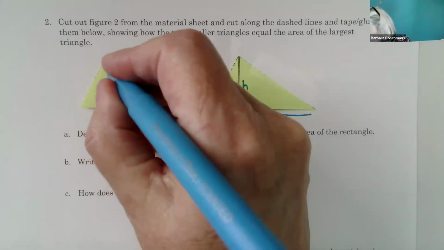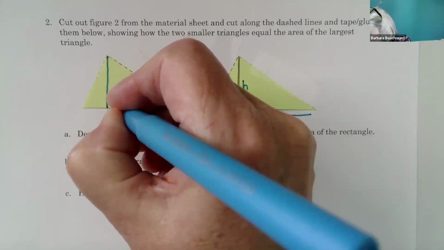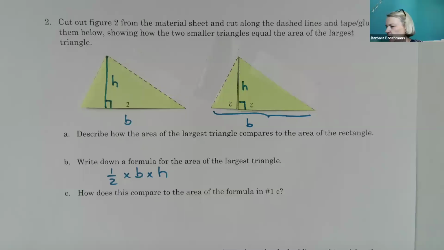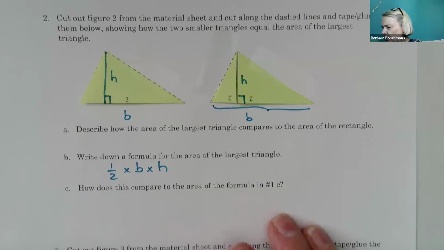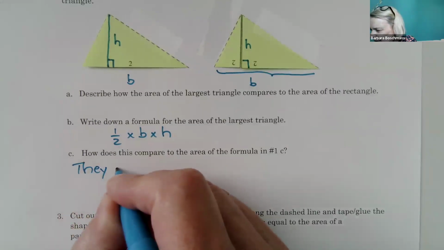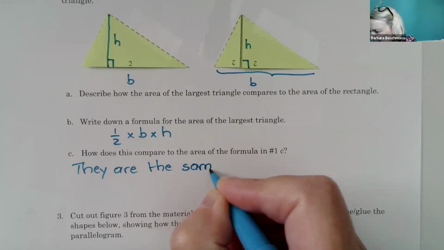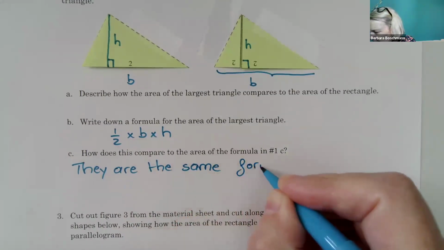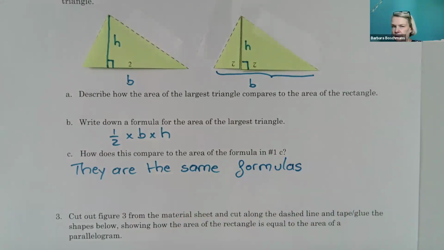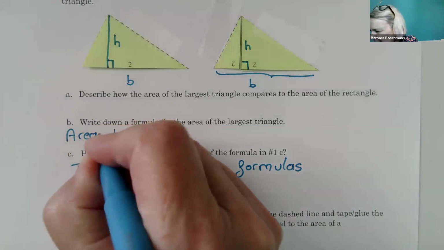So a height inside the triangle has to make a 90-degree angle with the base. Compared to the formula in number 1C, they are the same. So for any triangle, the area formula is 1/2 base times height.